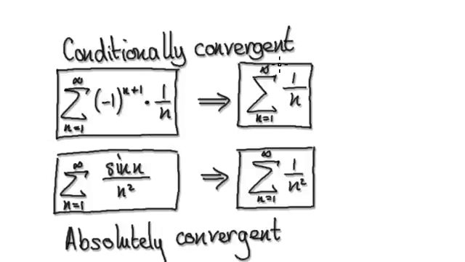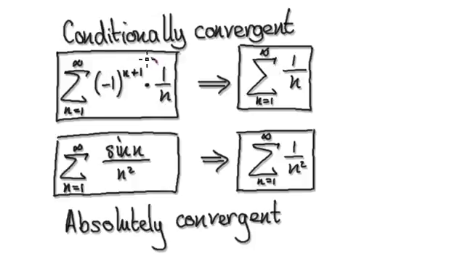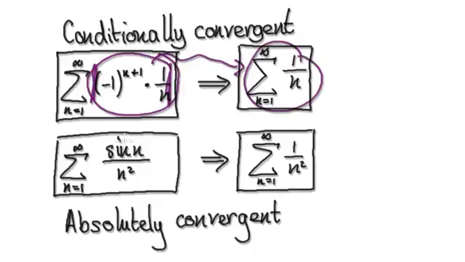So, when given this alternating harmonic series, if you apply the absolute convergence test on this, remember the absolute convergence test is you're trying to investigate a series, but then the absolute convergence test is saying you should have a look at the absolute version of this. Well, the absolute version of this will then give us this.